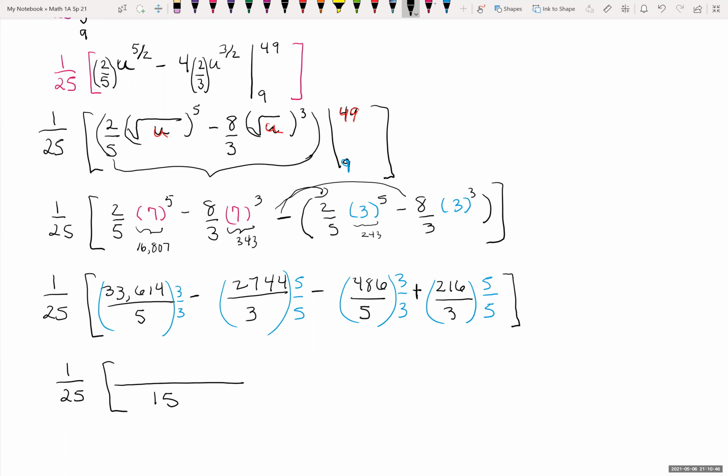Actually, that's not a plus. It should be a minus, right? Like I was just telling myself I need to be careful what I'm putting in here. Then we have another minus. So 486 times 3. Plus 216 times 5.